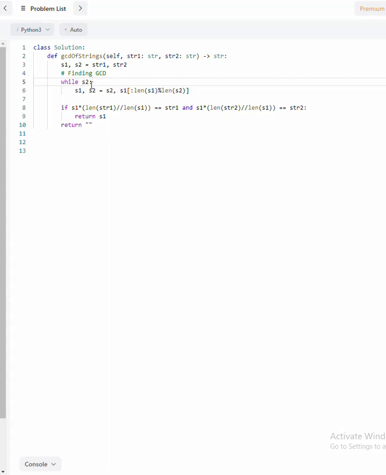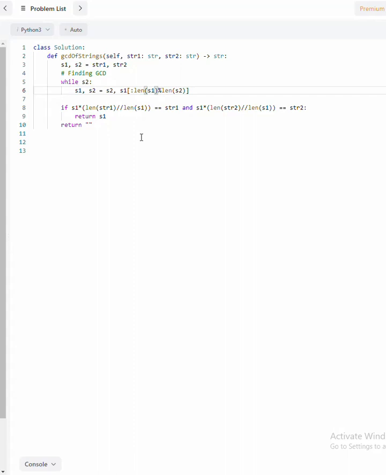This loop will continue until the length of S2 becomes 0. As it becomes 0, I will come out of this loop. So while the length of S2 is not 0, I will store S2 in S1, and here see this, I am finding the length of S1.